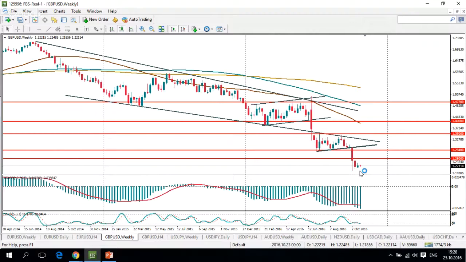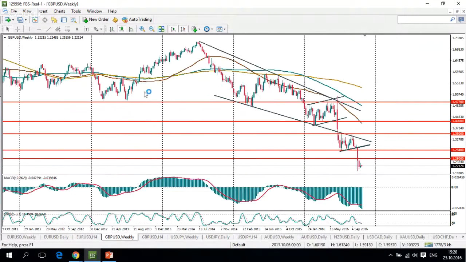The pair surely looks oversold. Even on the weekly chart, we can see that the oscillators are very low, and this indicates that the decline of the pair has been too rapid.